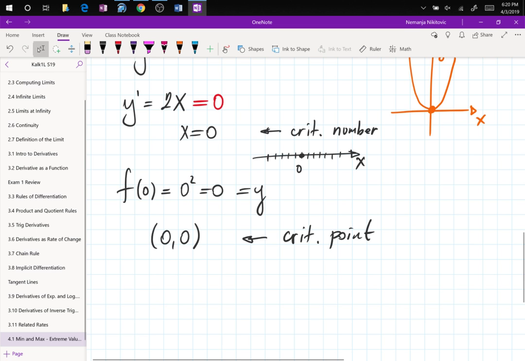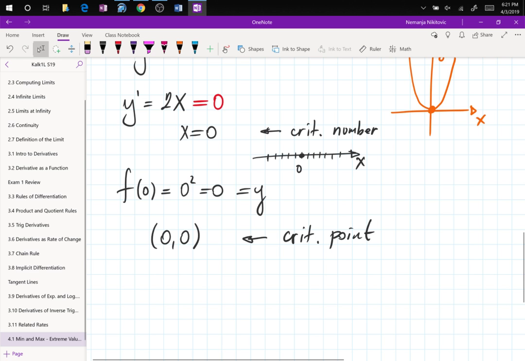So I don't have any tools yet from calculus to determine whether 0, 0 is a min or a max. So the hack way to do this would be to compute the y values to the left and to the right, and then just use common sense.